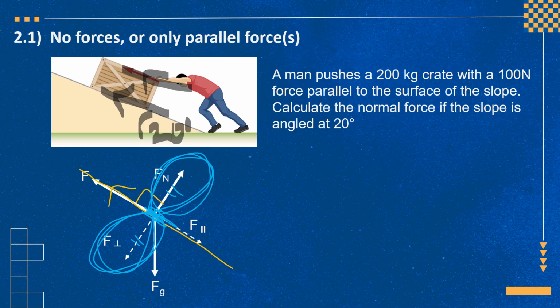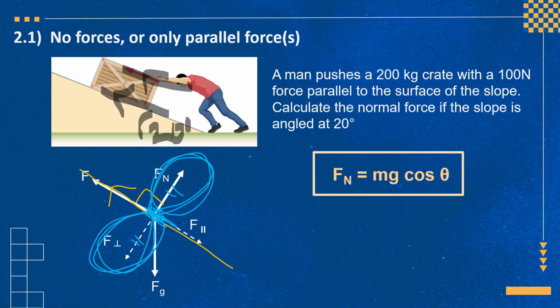So if you write that down, it means that your normal force is equal to F perpendicular, which we know is equal to mg cos theta. Remember that mg is also just the weight or the gravitational force acting on the crate.